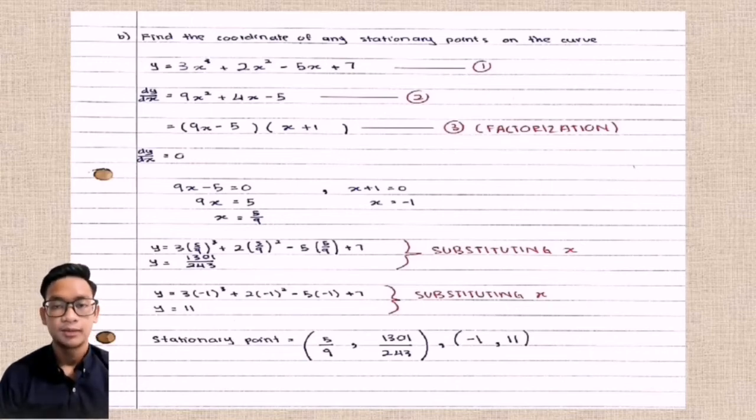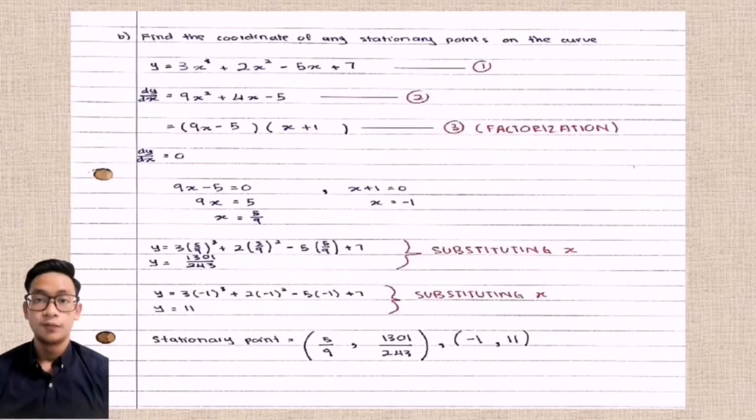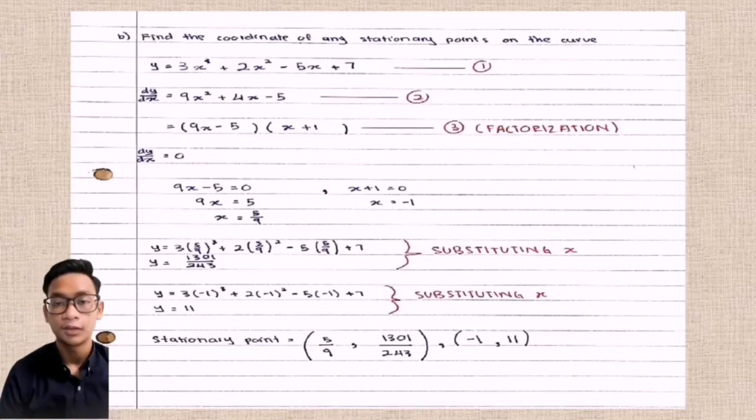Now we get the value of x, but we want to find the value of y to get the stationary point. So the solution to this problem is firstly substituting the value of x in the equation of y. After calculating, I got two values of y.